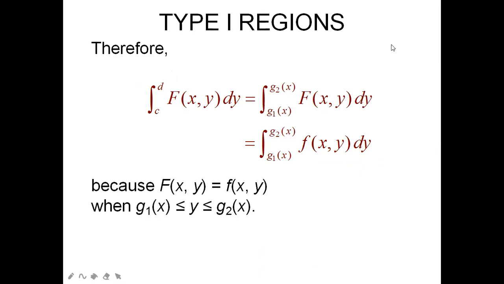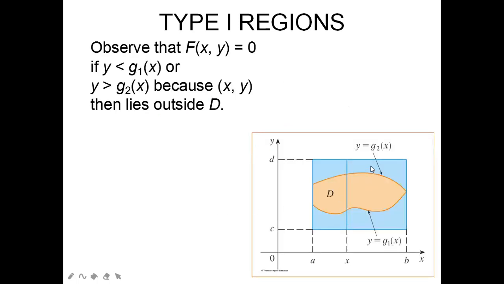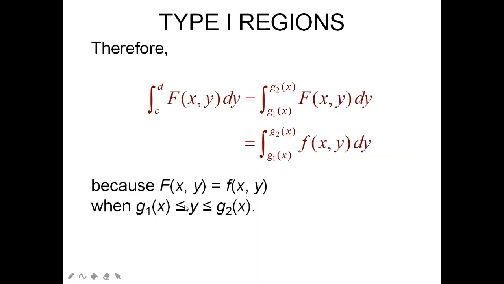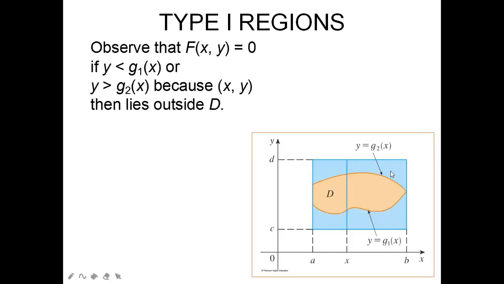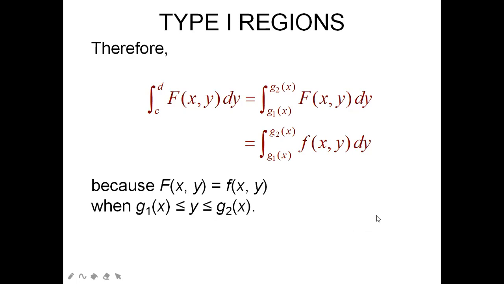Therefore, the integral of f(x, y) dy from c to d is equal to the integral of f(x, y) dy from g1(x) to g2(x), because f(x, y) is equal to the function f(x, y) when g1(x) is less than or equal to y, less than or equal to g2(x). So we have boundary conditions.